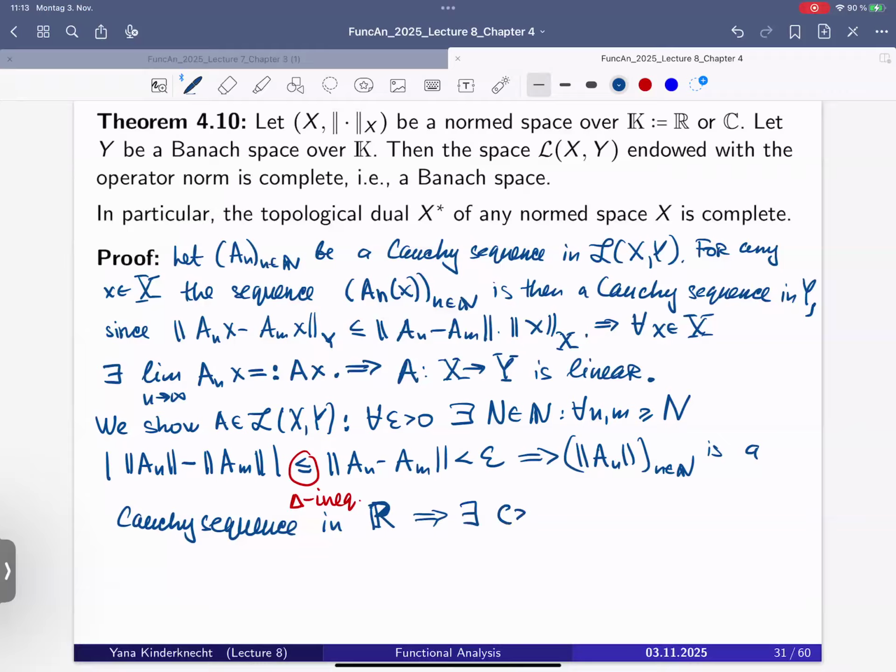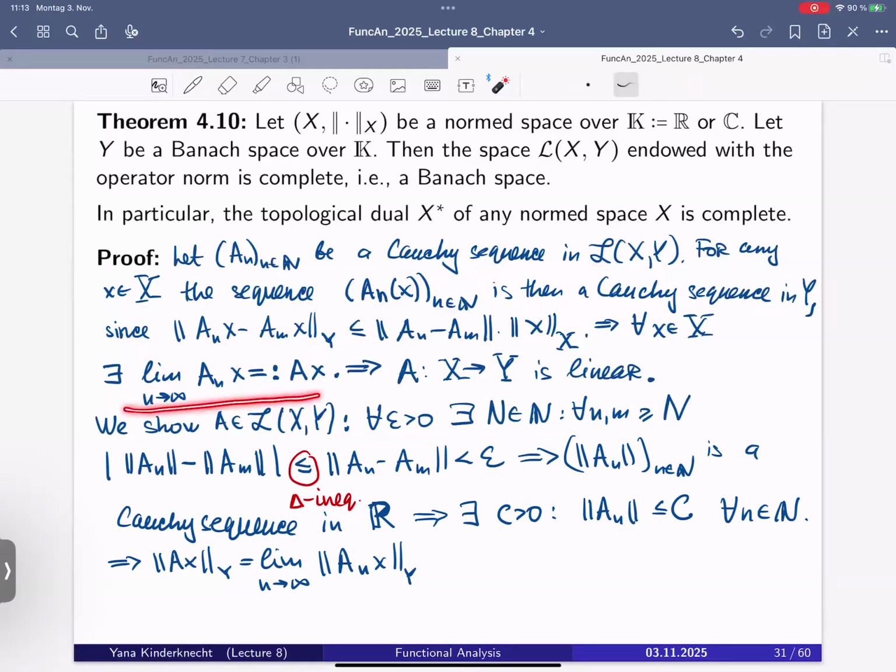That is, there exists a constant C such that the operator norm of A_n is smaller or equal than this C, and this holds for any n. Hence, what do we have? The norm of Ax in Y is the limit as n tends to infinity of the norm of A_n x, due to this and due to the fact that the norm is a continuous mapping in the topology generated by itself.